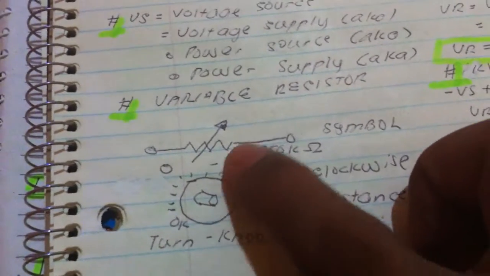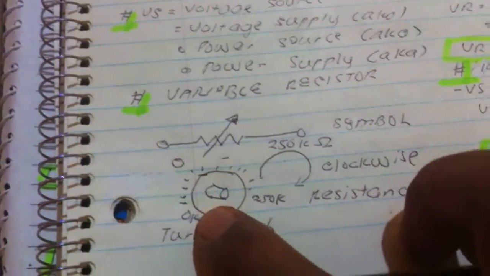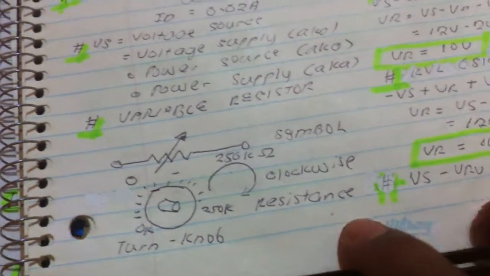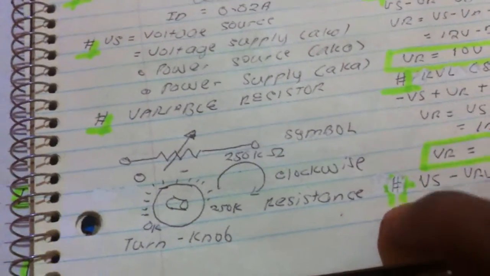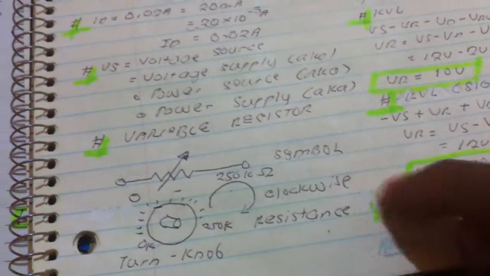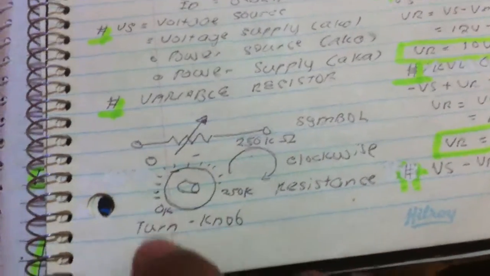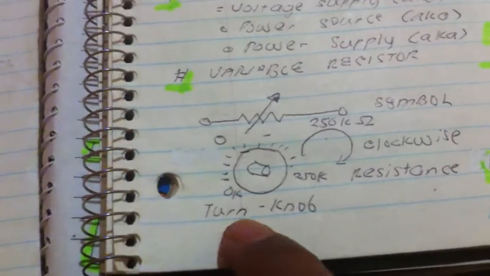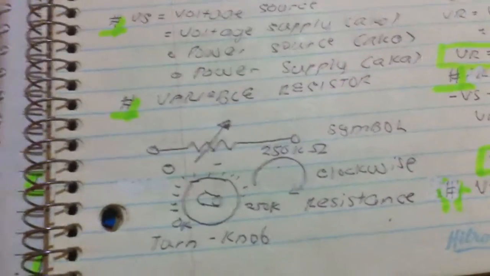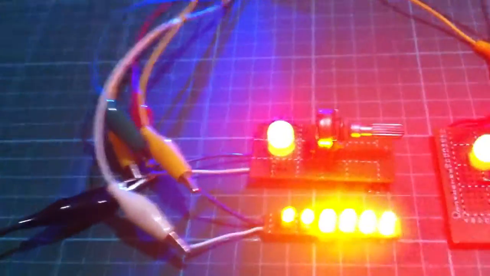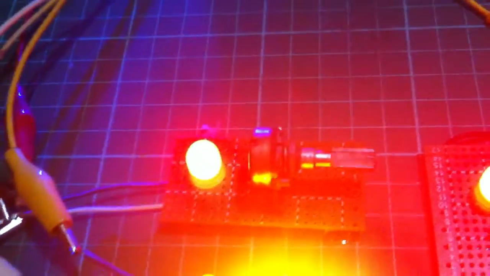You turn the knob clockwise. See, 0 to 250K, and the resistance is going up when you turn the knob clockwise from the starting position 0 here. So this is a turn-knob type of variable resistor, very old fashioned.